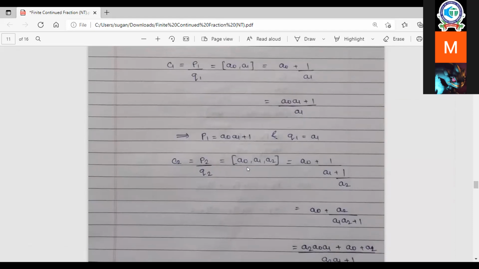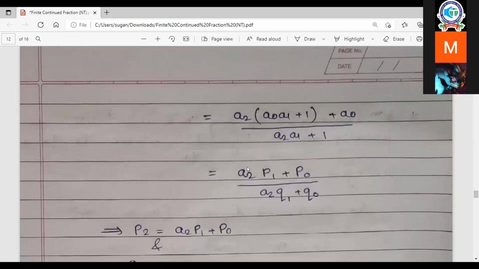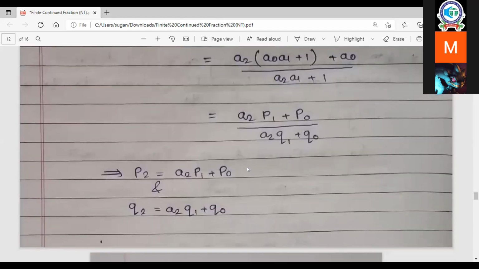What is the next one, the P3 value? P3 will be A3 P2 plus P1. What is the Q3 value? Q3 is A3 Q2 plus Q1.